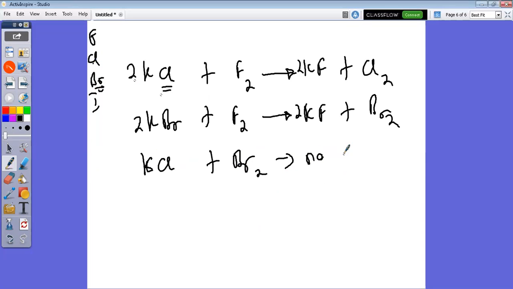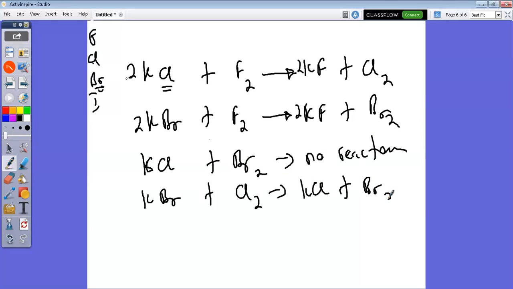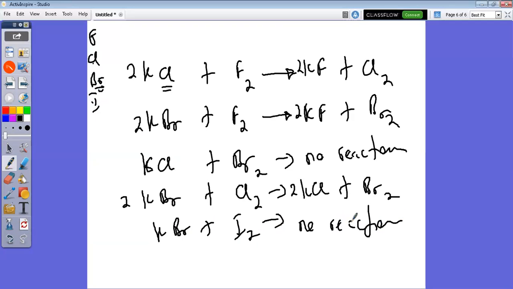So no reaction can take place. Okay, if you understand this, let's look at potassium bromide plus chlorine. Yes, this can take place because chlorine is above. So potassium chloride plus bromine gas. Now we together? Yes. Potassium bromide plus iodine, no reaction because iodine is less reactive. That's what we mean by displacement reaction.